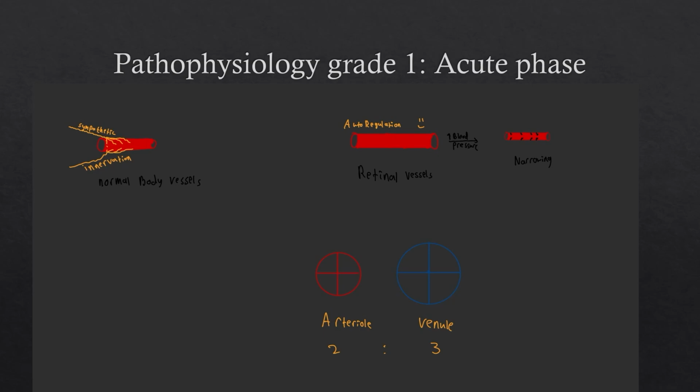We don't want this high blood pressure to cause damage to the underlying capillaries. And the retina is a very delicate tissue, so it doesn't need this large amount of blood going to it. So the arterioles begin to constrict by autoregulation, and the arteriovenous ratio, as we've discussed, will be decreased. This is the acute phase of the disease.